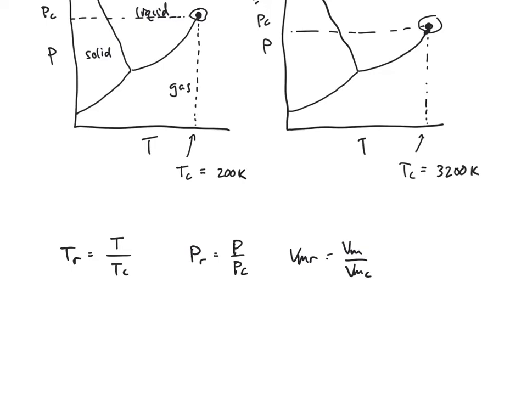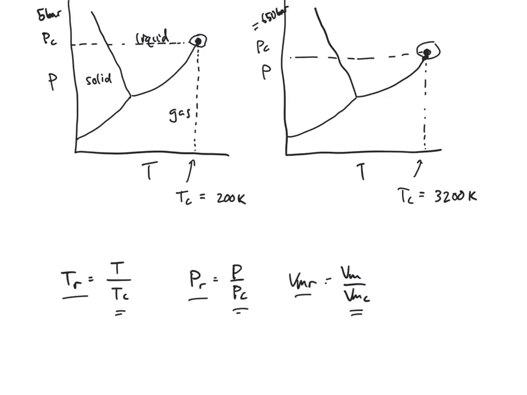That's the critical molar volume down there. And I could say that no matter what the gas is, it's going to have the same phase transition, the same coexistence for any of these values, as long as I'm dividing the system temperature by its critical temperature, or the system pressure by the critical pressure, or by the critical molar volume.